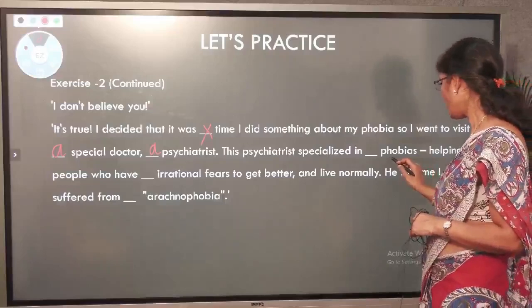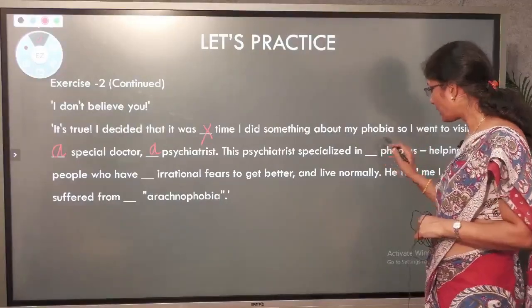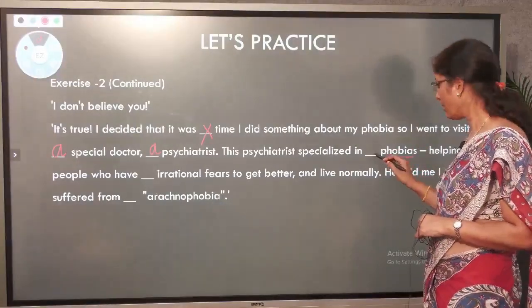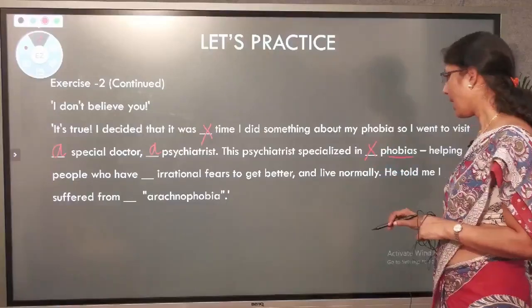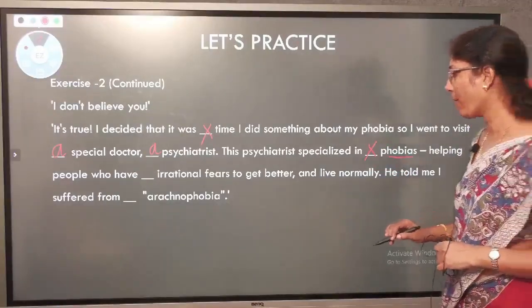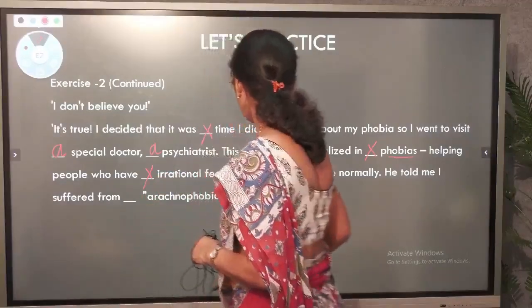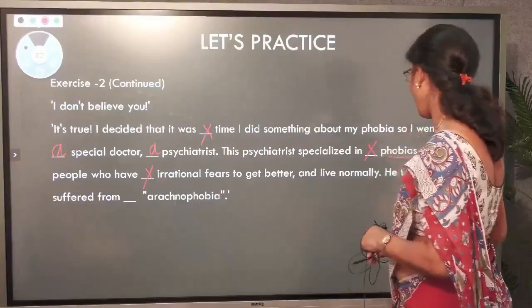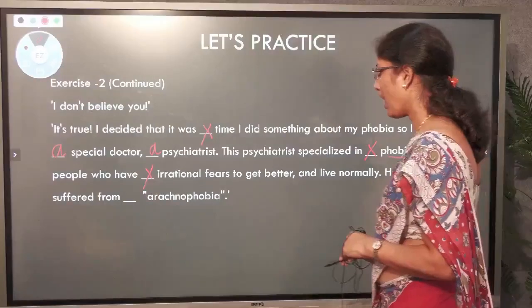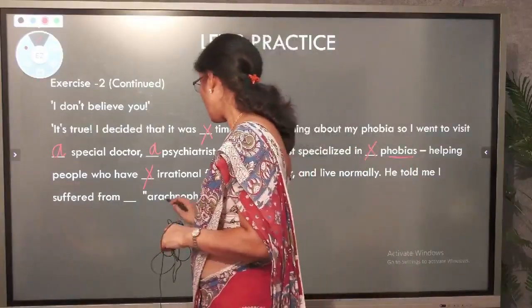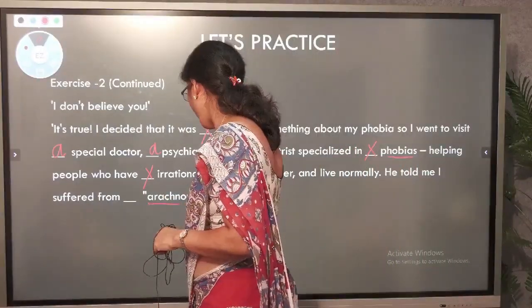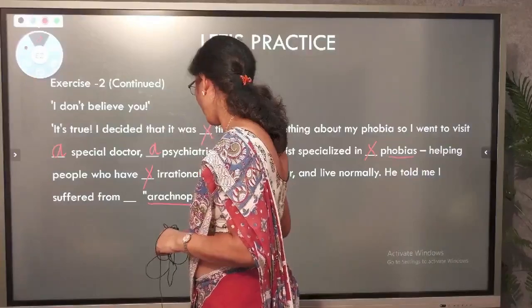Here phobias is a plural noun, but it is used in a general sense, so no article. Helping people who have irrational fears, no article. To get better and live normally. He told me I suffered from arachnophobia.